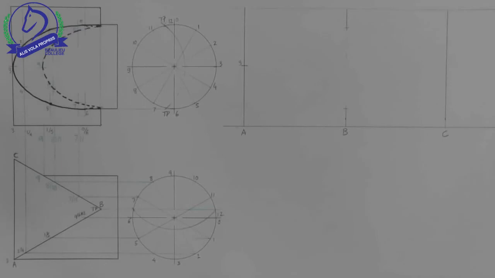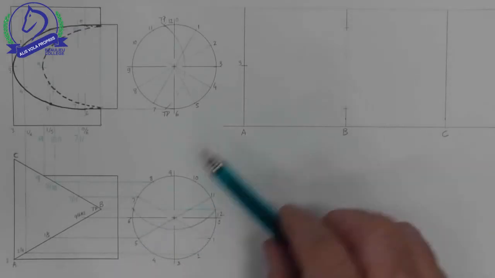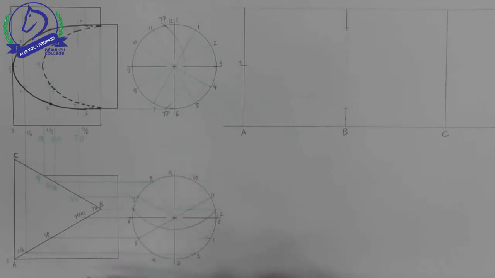Try and use a logical approach to the drawing now. So I've got point A, which is on this edge. Let's take the next corners up, so points 2 and 4. So remember, we need to get our width dimensions from this triangle, because it's the true shape.